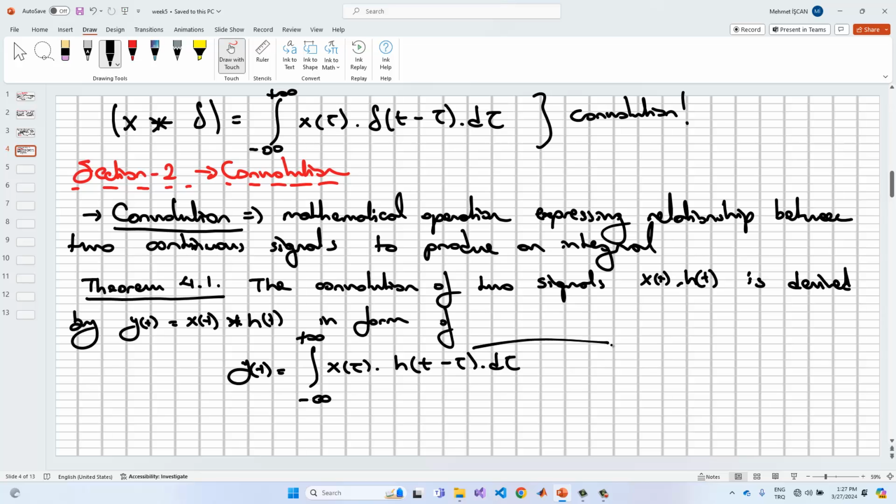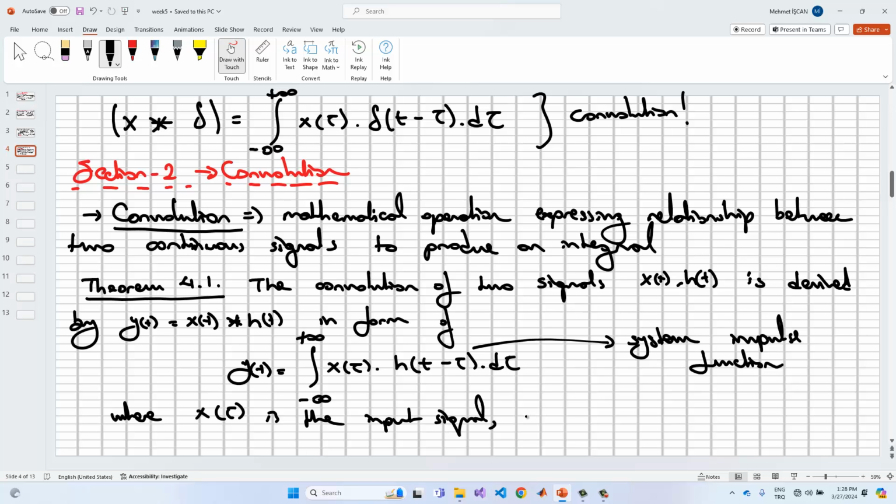This is called the system impulse function. Where x(t) is the input signal, h(t minus tau) is the impulse signal, and y(t) is the output.